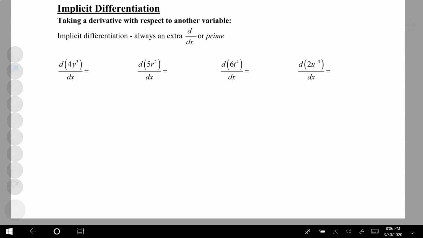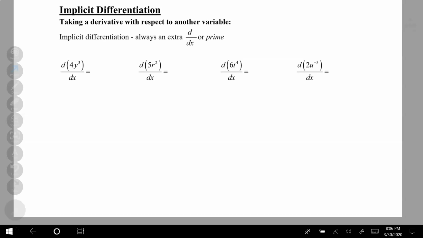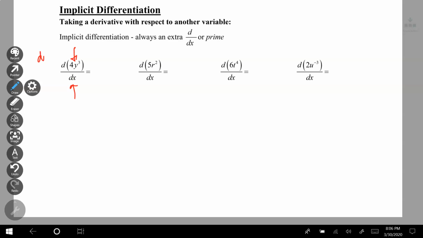Well, how about when we take a derivative of an expression where the variable is different than what I want to do? If you notice, this variable on top and this variable on bottom are different variables. So when I take this derivative, it's going to be 12y squared times dy over dx.